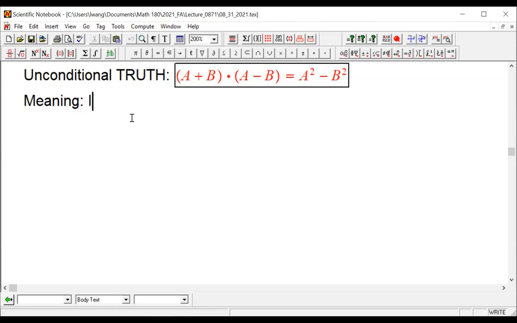This statement says if A is any number, B is any number, you form a conjugate.